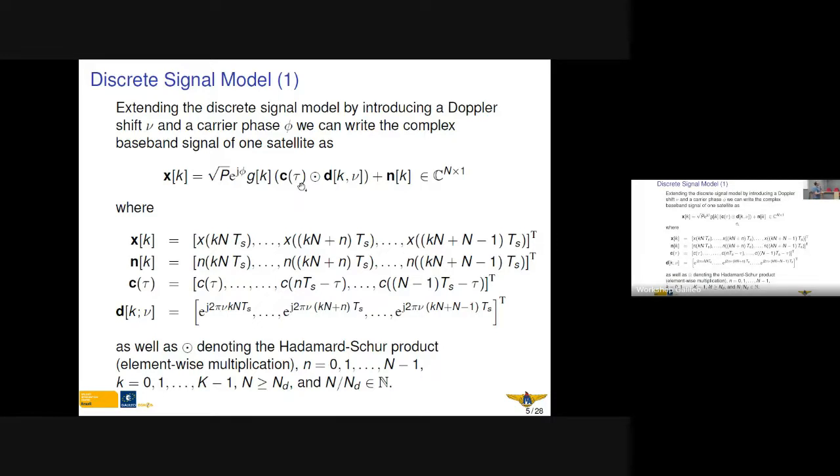And we have then here the estimated Doppler shift also included in a vector, and this new vector D here is the sampled Doppler frequency shift. As we can see, this goes from kN times Ts to (kN plus N minus 1) times Ts in the k-th observation interval or period.